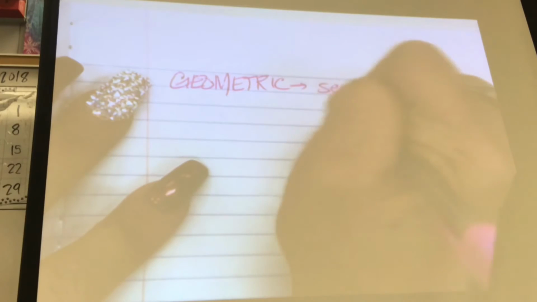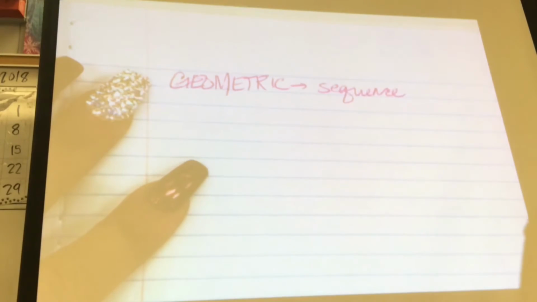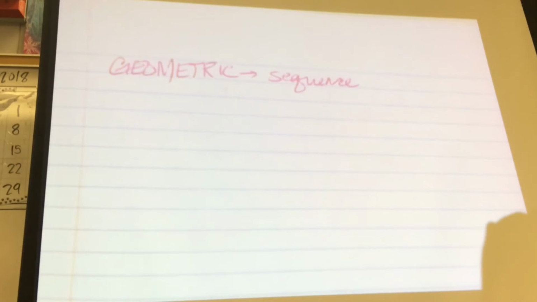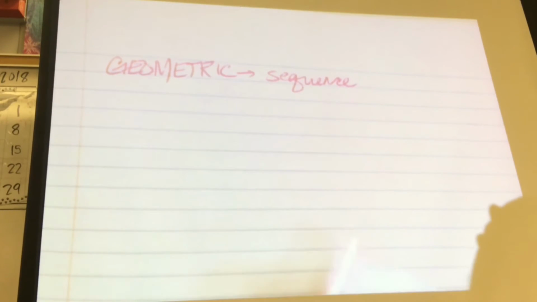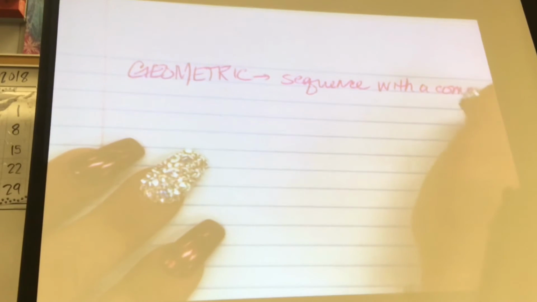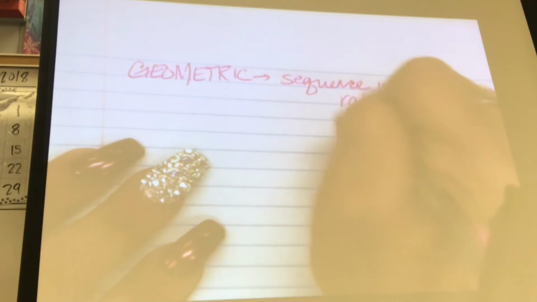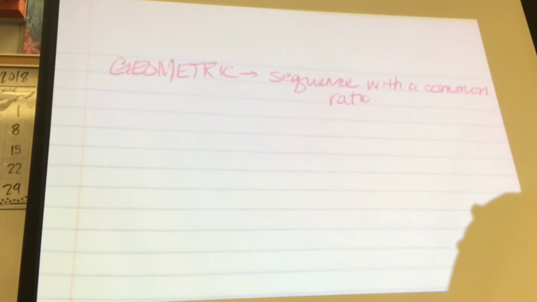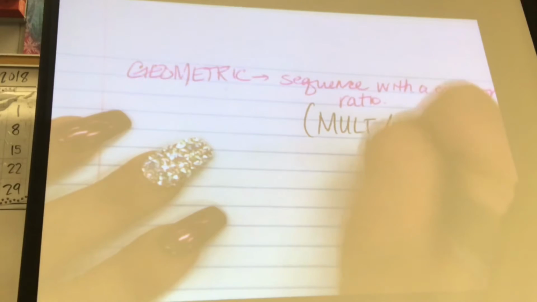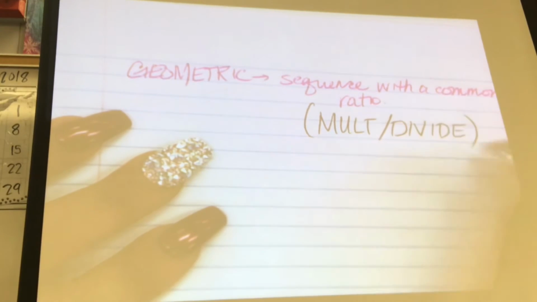Geometric is a sequence with a common ratio. What does ratio mean? Make sure you write this down, please. That means you are now multiplying and dividing between each term.